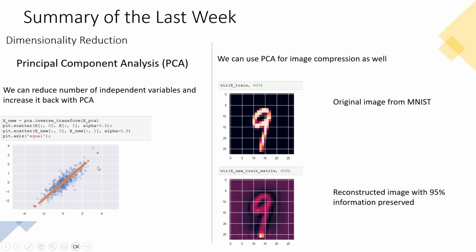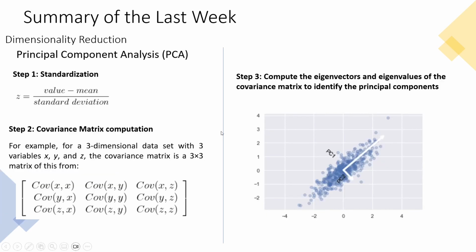Okay, and we did another example, and we use inverse transform, principal component inverse transform, in order to reconstruct or regain our reduced dimensions. Okay, please just remember this inverse transform. Remember this one, the most information is covered in the first principal component.